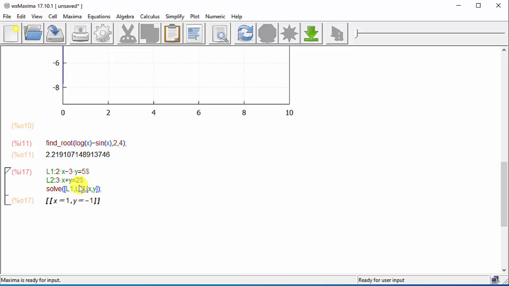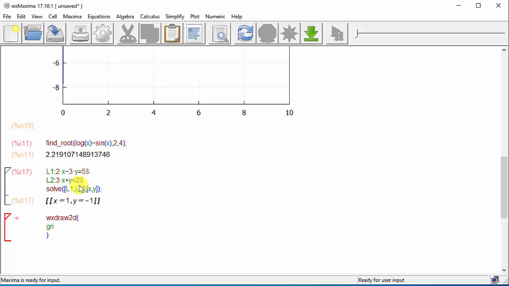And now, how about we take a look at the graph? We're going to graph the 2 lines, and we're going to plot the solution on there. So let's do wxdraw2d, parenthesis, and let's hit enter. Let's hit it again. So we'll do it line by line.